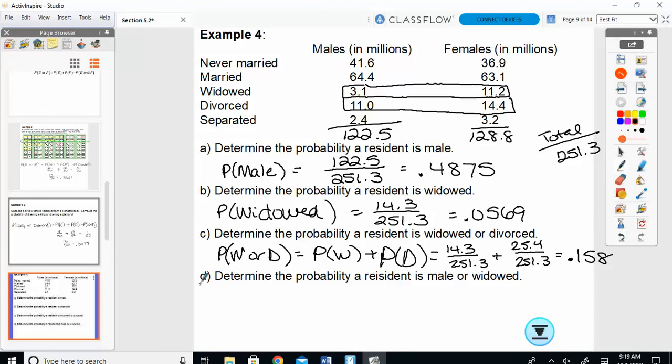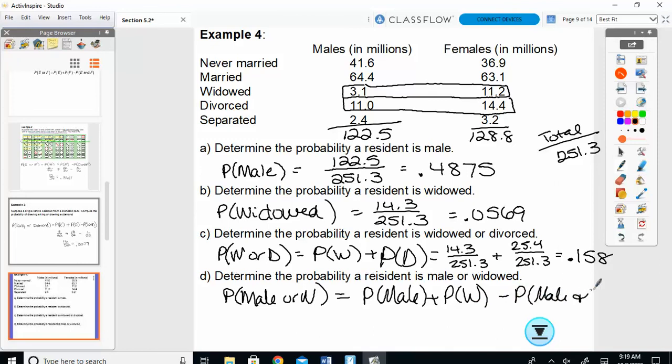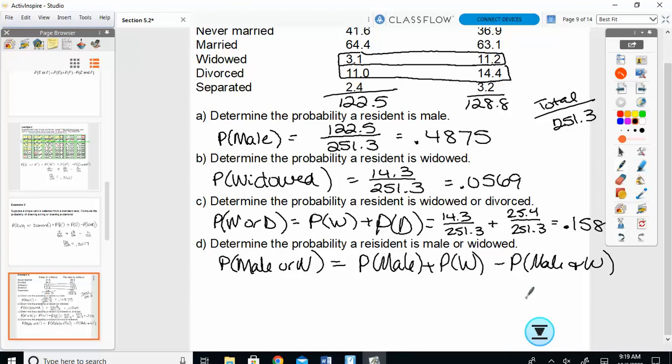D, probability of being male or widowed. Could you be both here? Yes. So the probability of male or widowed, we have to do the general addition rule. So that's probability of being male plus probability of widowed minus probability male and widowed.